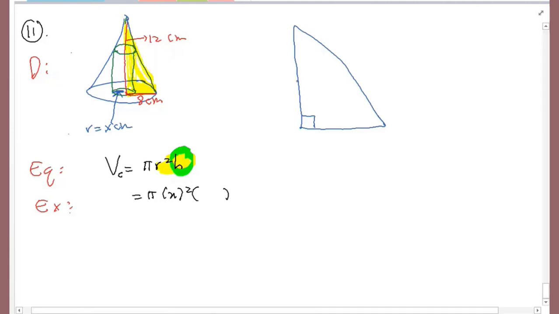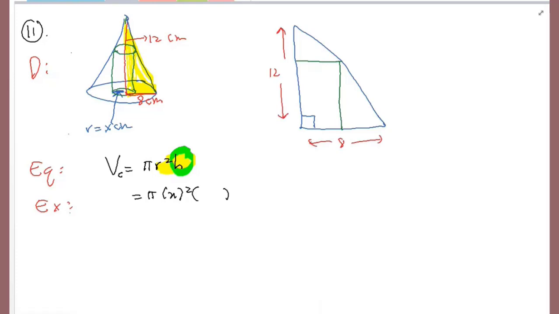Okay, this is the cylinder's part, and this is 12, and the first one is 8. This one, the radius of the cylinder, is x. And this is x. So confirm this is x, the cylinder. The pattern is the same, right?